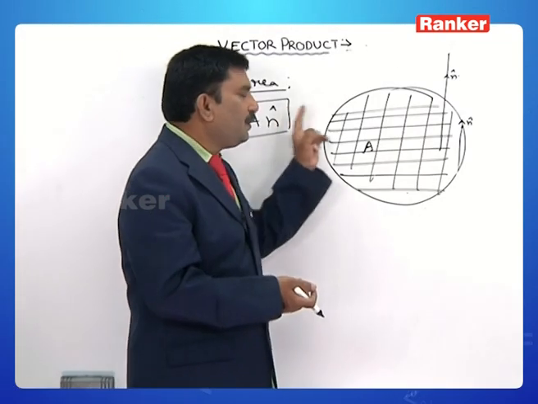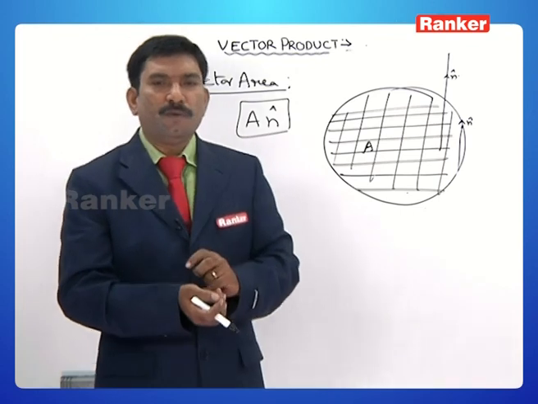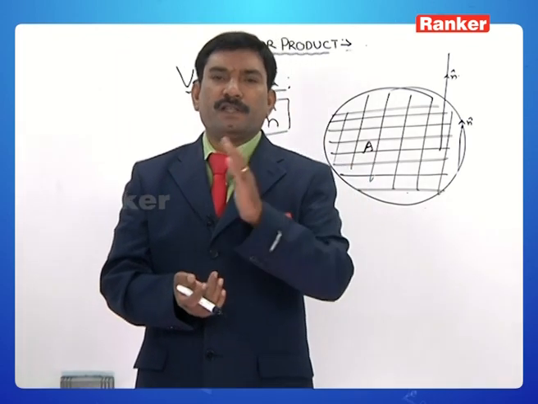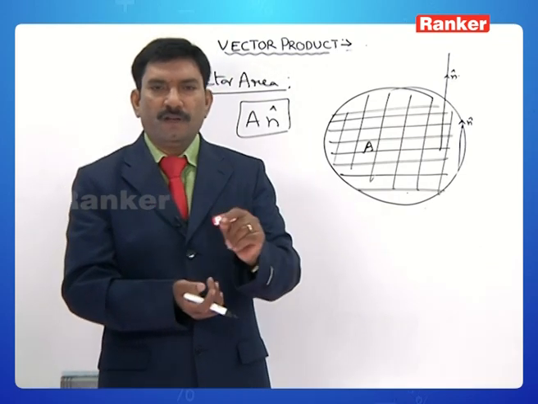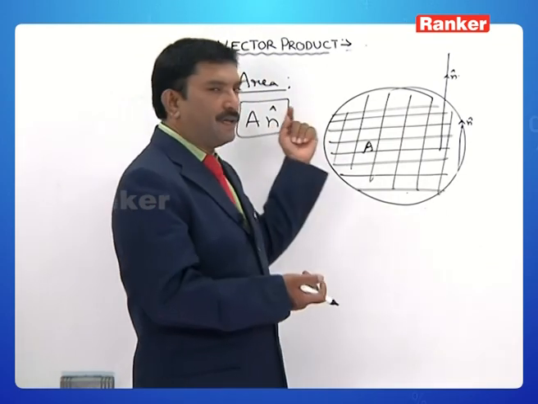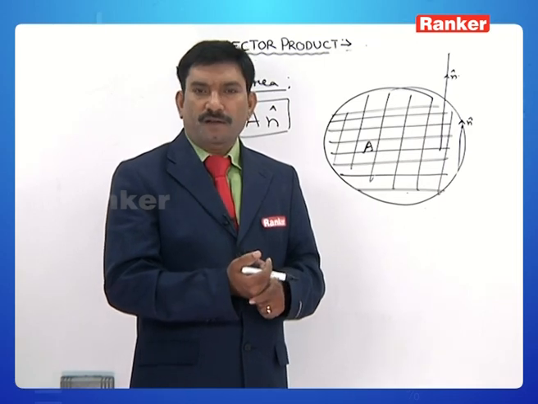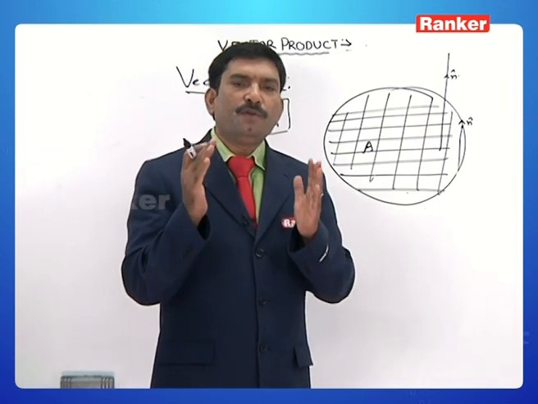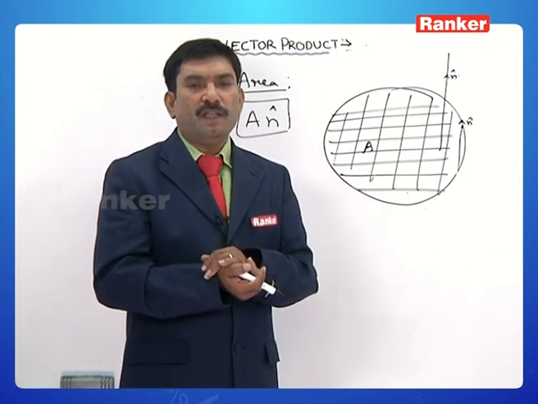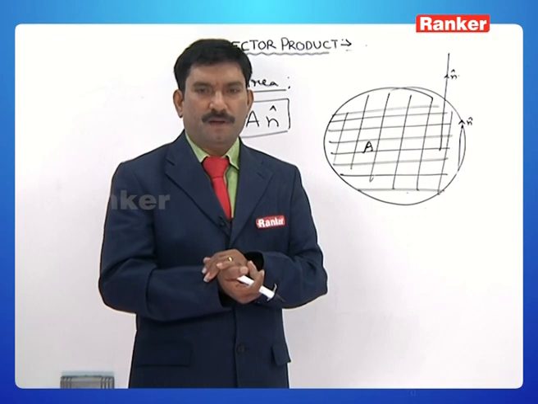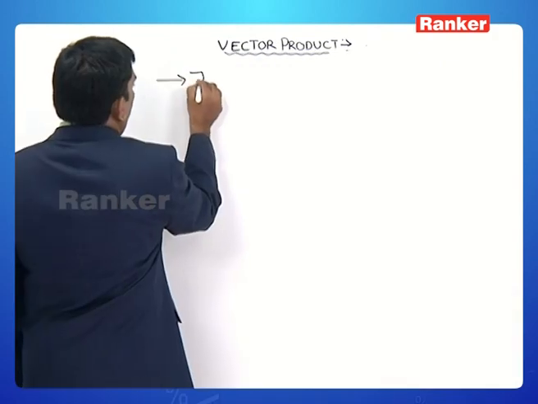Then A into n cap is the area of a curve in vector notation. So hereafter A into n cap represents vector area. Let us see how to find the vector area of a triangle and of a parallelogram.